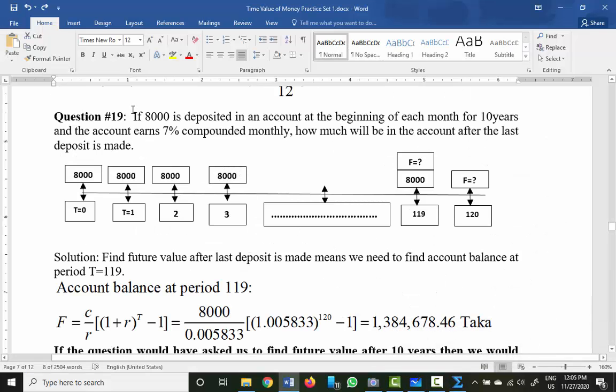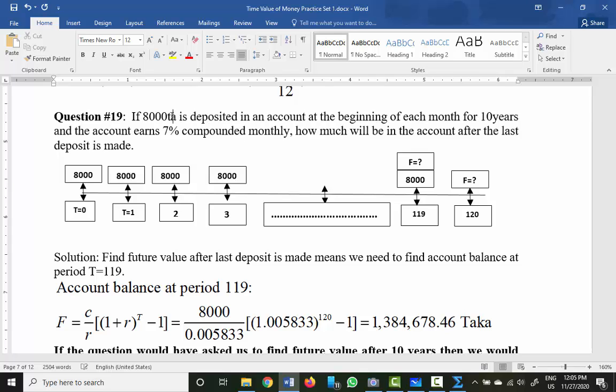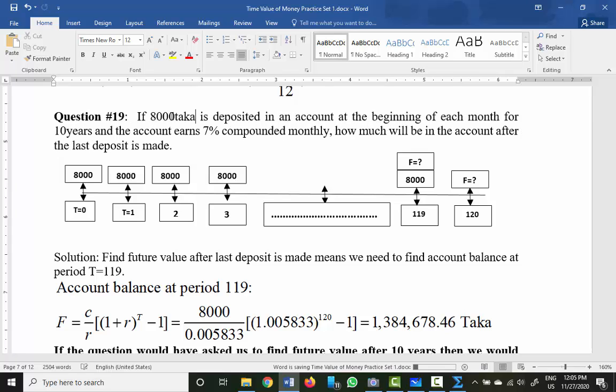Right. So now let us solve question number 19. Suppose 8,000 taka is deposited in an account at the beginning of each month for 10 years.